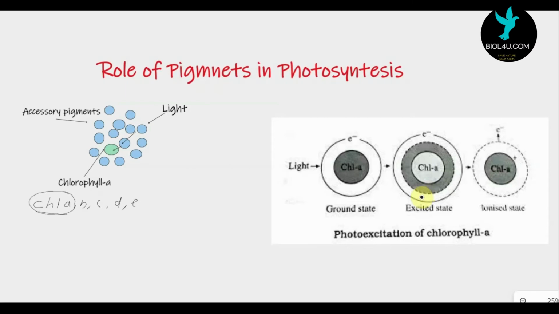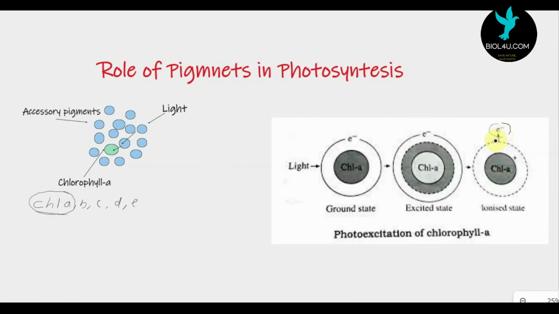This electron then absorbs more light energy, sufficient to break the attractive force between the nucleus and the electron, so the electron is expelled from chlorophyll-a. This expelled electron carries an extra amount of energy.